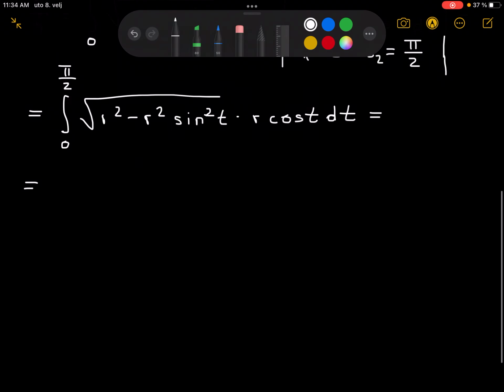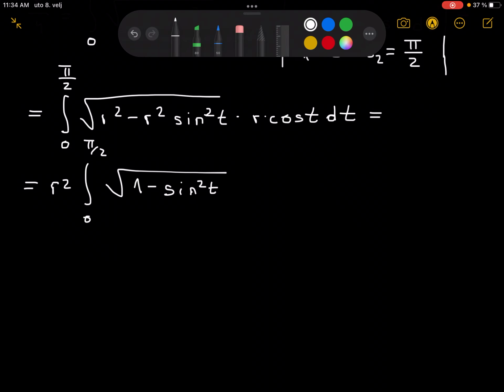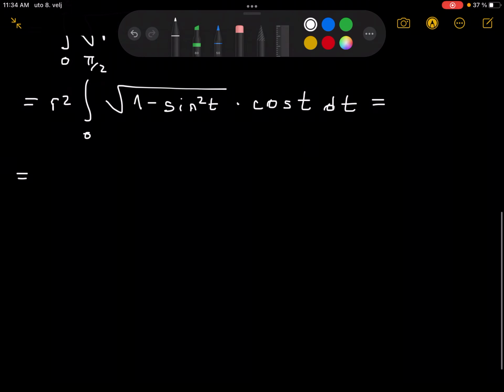Once we factor out the constants, we'll get r squared times the integral from 0 to pi over 2 of the square root of 1 minus sine squared t times cosine t dt. And if you remember, this square root is the same as cosine t. So when we multiply it by this part right here, we'll get cosine squared t, which can be rewritten as 1 plus cosine of 2t over 2.